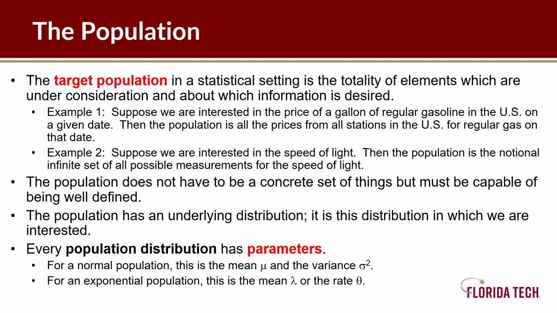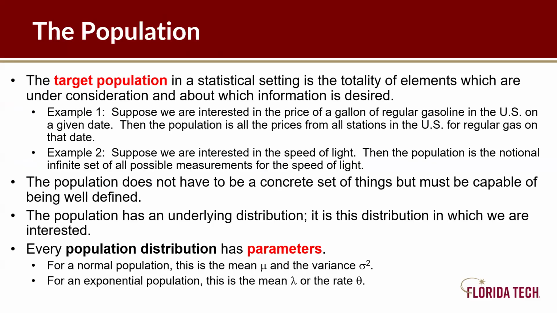Samples and populations. So first of all, we have the target population. In a statistical setting, that is the totality of elements under consideration about which information is desired. So that's what we want to know about.